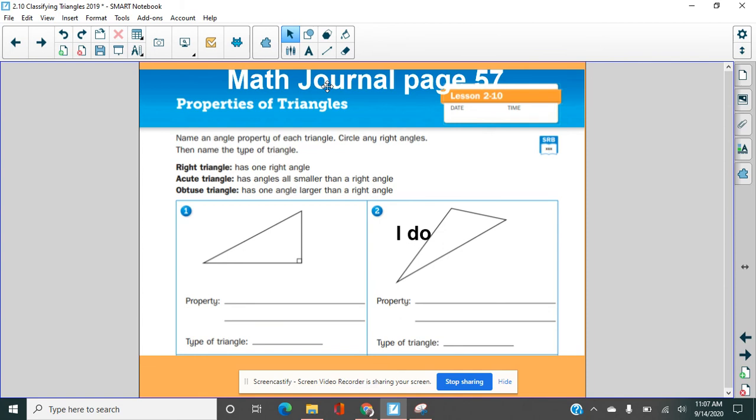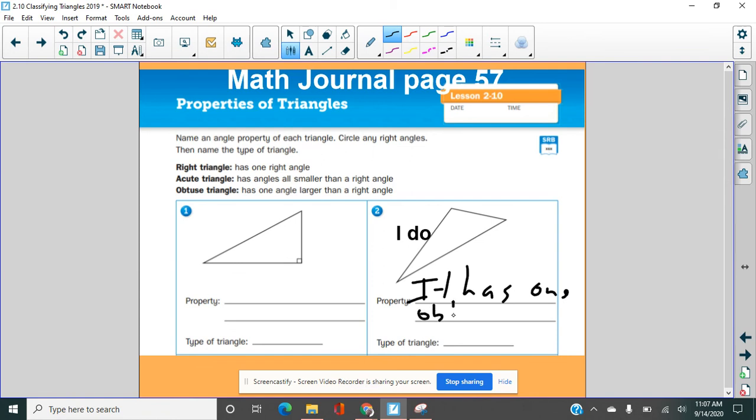So the property that I notice, what's true in this triangle, it has one obtuse angle, period. So what kind of triangle is it? It is an obtuse triangle.